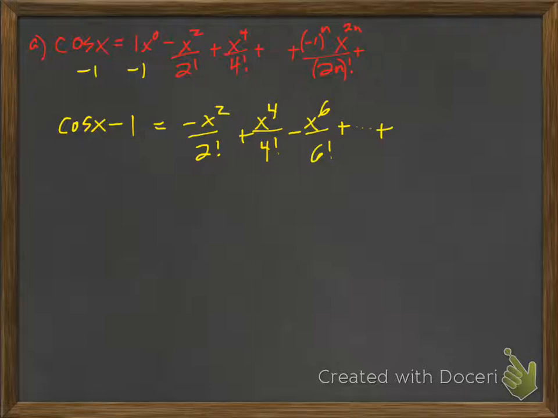And nothing really changes about the general term except that we have this little issue of I need it to still generate the first term when n equals 0. So right now, if you look at the -1 is now to the n plus 1 because I need it to start negative. When I put in 0, I need to come out with -1. It also changes, when I put in 0, I need to get out x squared.